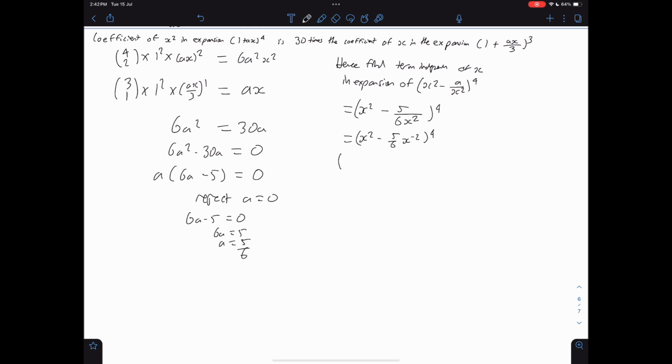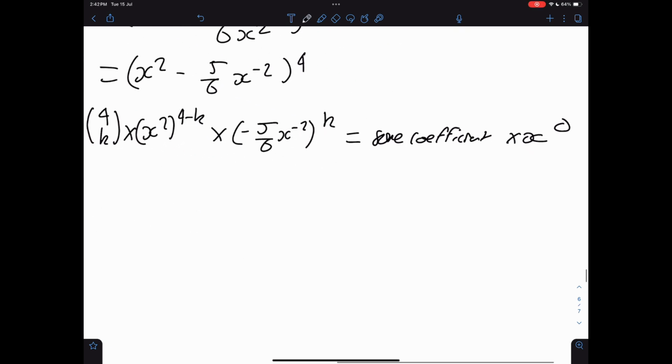Then straight away we can say 4 choose k multiplied by (x^2) to the power of 4 minus k times minus 5 over 6 times x to the power of minus 2, to the power of k, is going to equal some coefficient times x to the power of 0, which we know is 1, and that makes it independent of x.